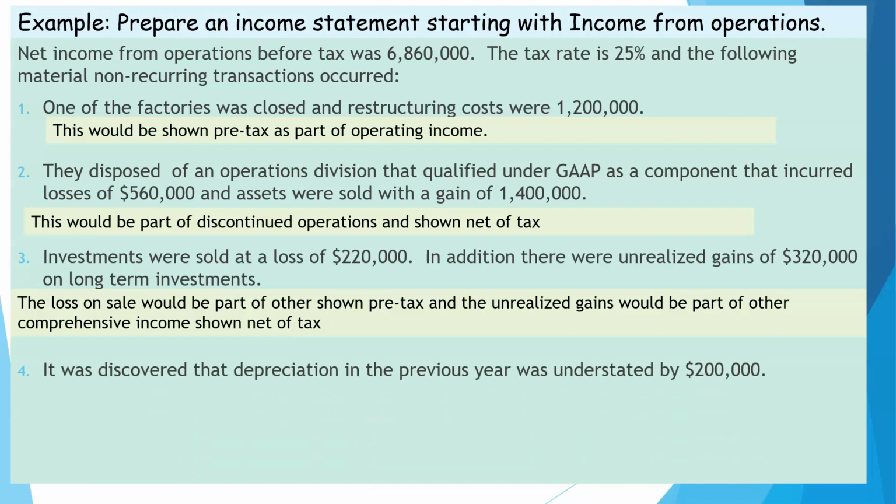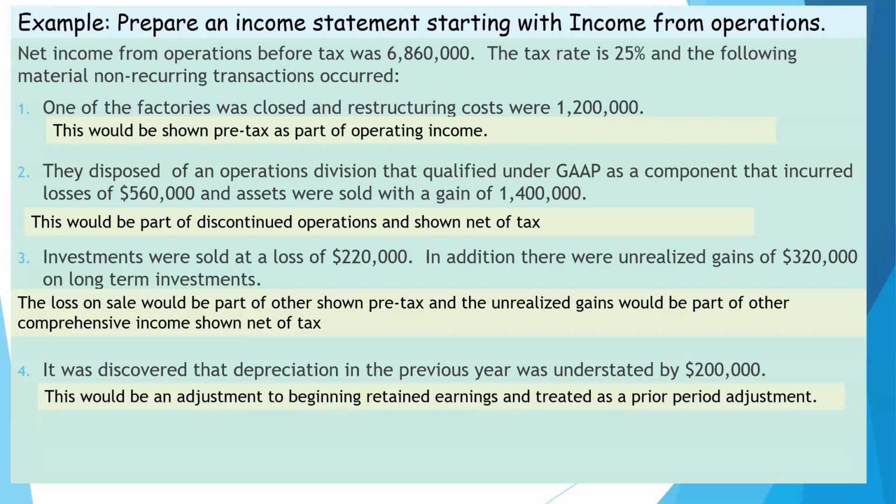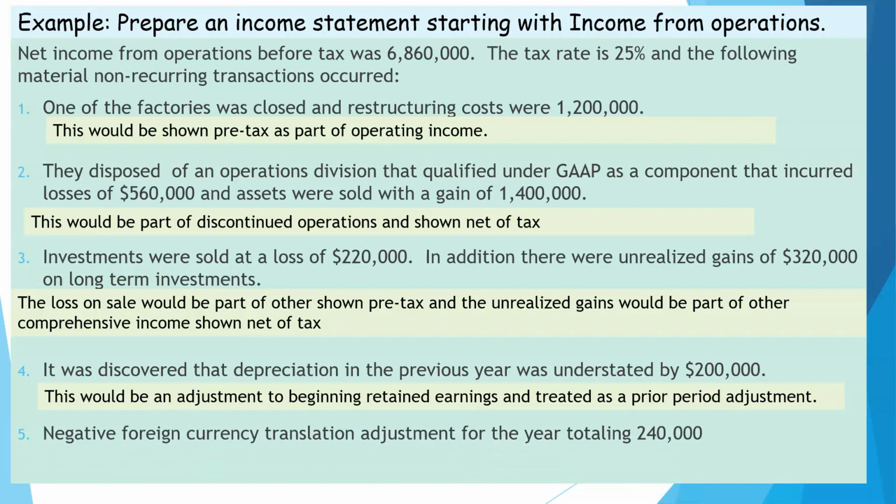It was discovered that depreciation in the previous year was understated by $200,000. This would be an adjustment to beginning retained earnings and treated as a prior period adjustment. And then we had negative foreign currency translation adjustment. This would be also part of other comprehensive income shown net of tax.